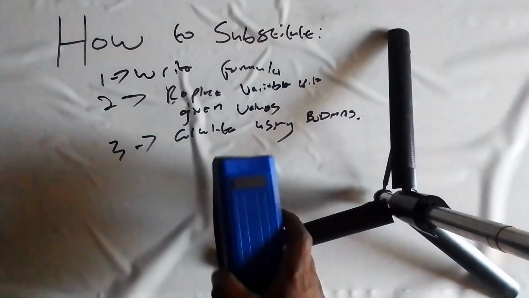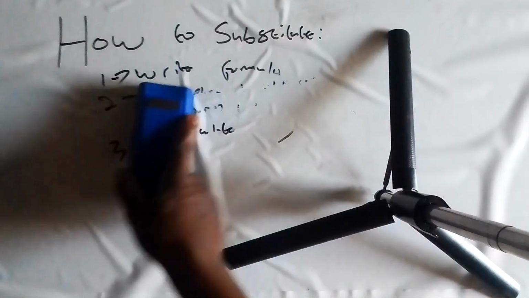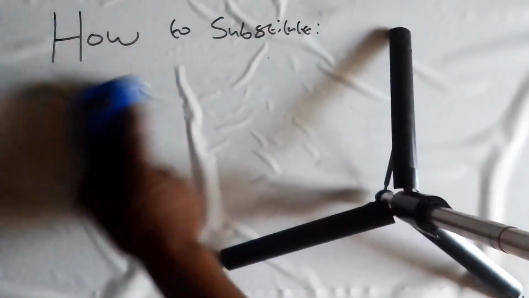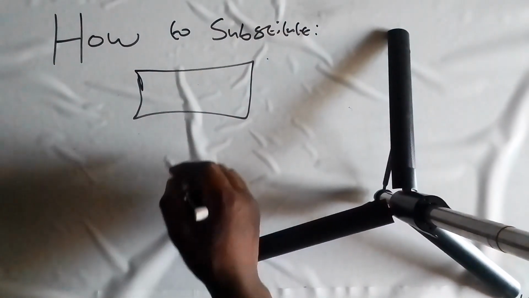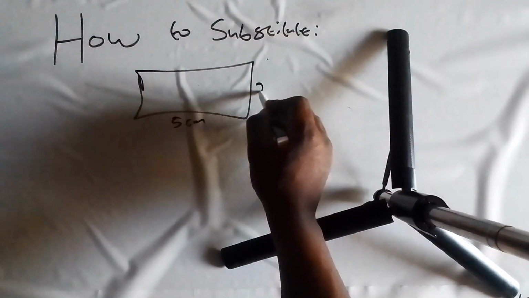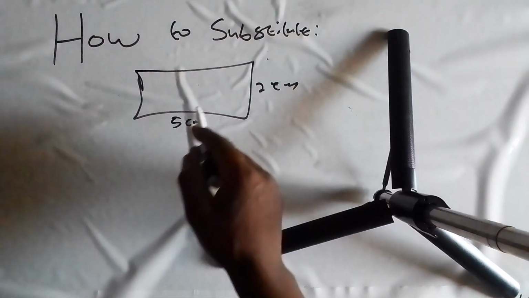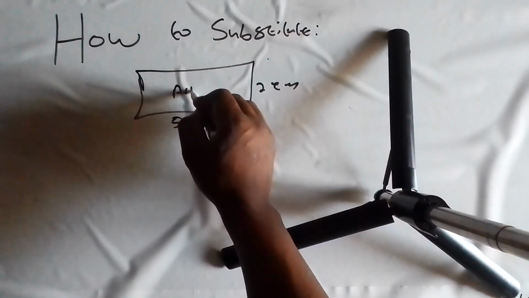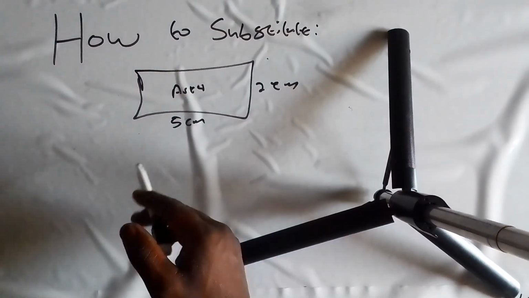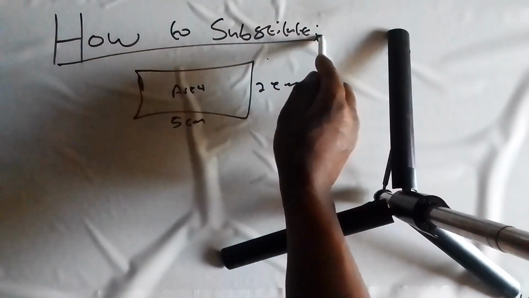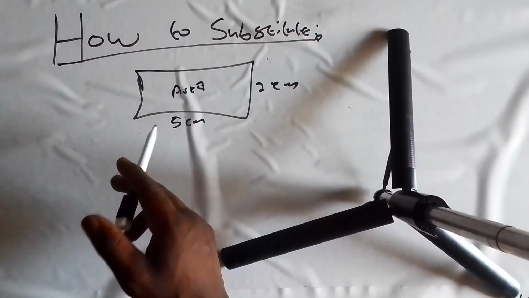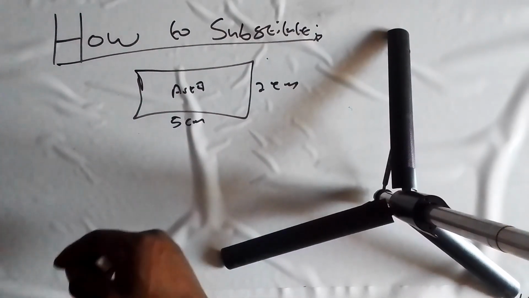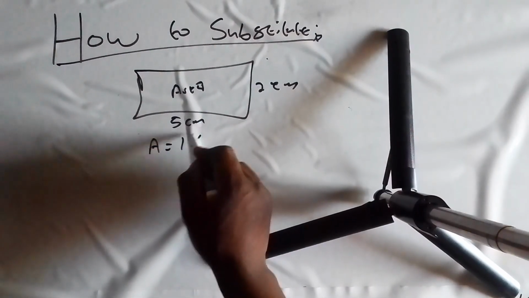Following these rules, let us calculate using one example. This is a perfectly drawn rectangle, and we want the area. Following the step-by-step guide that I just gave you, the first step to calculate the area of this rectangle is to write down the formula.